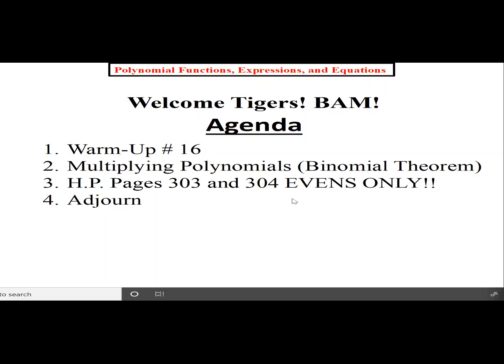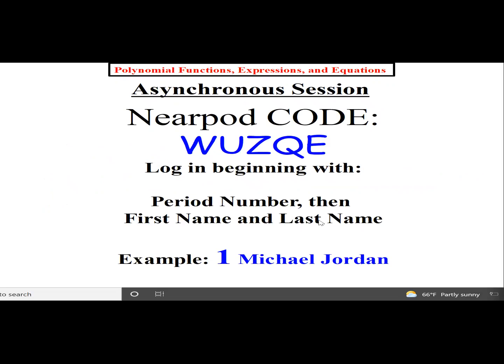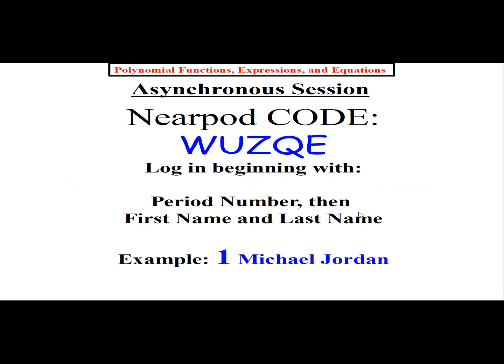All right, now that you copied the agenda, for those of you that somehow can't get a hold of your book, there's a code, WUZQE, and that is for Nearpod. In there I included the 2 pages for tonight's home play in PDF format. So please copy that.